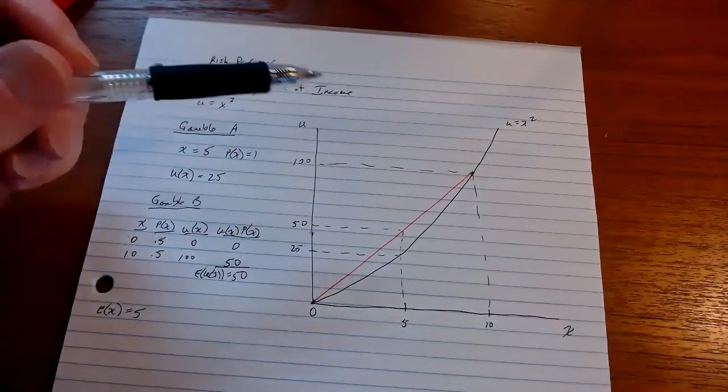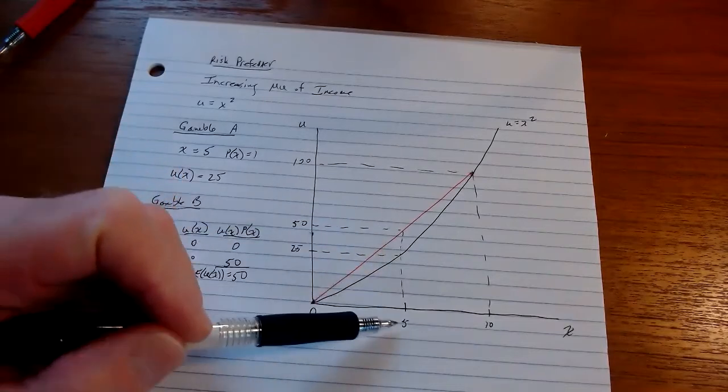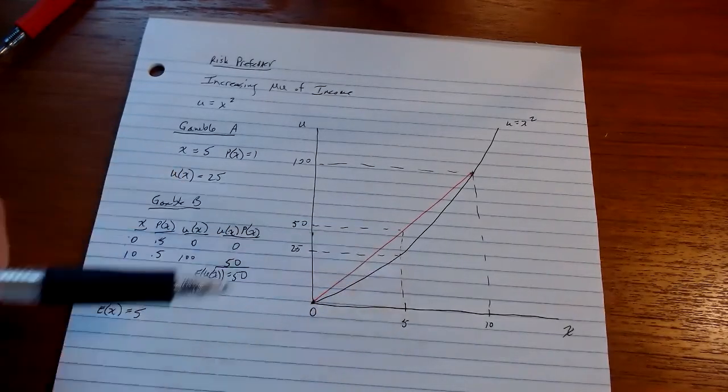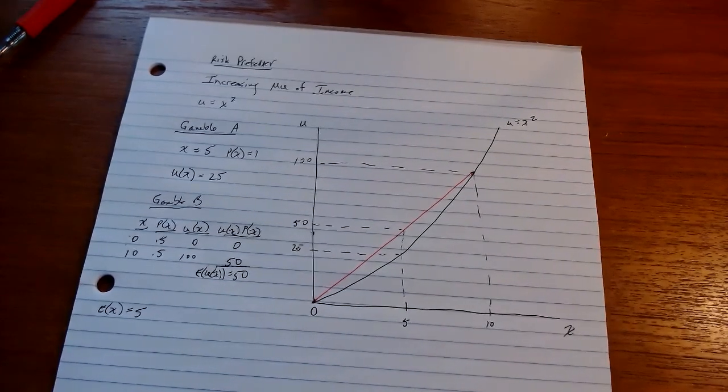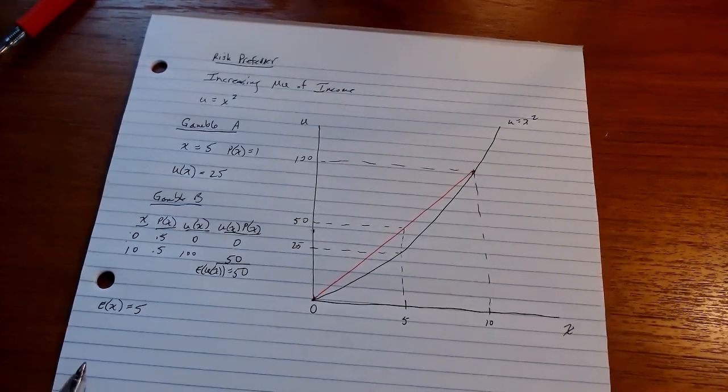And so in this case, the expected utility from the gamble is greater than the utility of the certain $5. This is a person who would prefer to take on more risk rather than to avoid risk.